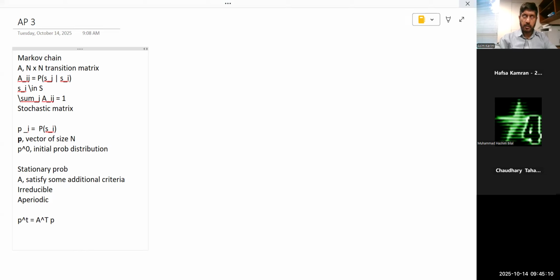T and T minus 1 are iteration indicators. So you apply this multiple times until P stabilizes. So this would be the stationary probability.